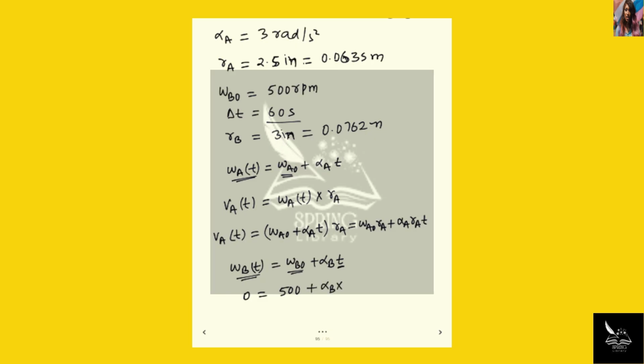So we get 0 equals 500 plus alpha B multiplied by 60. After solving, we get alpha B equals minus 0.8727 radian per second square. This 500 will be 500 by 60 because it is in rpm, so after converting into rps, we get this equation for alpha B.